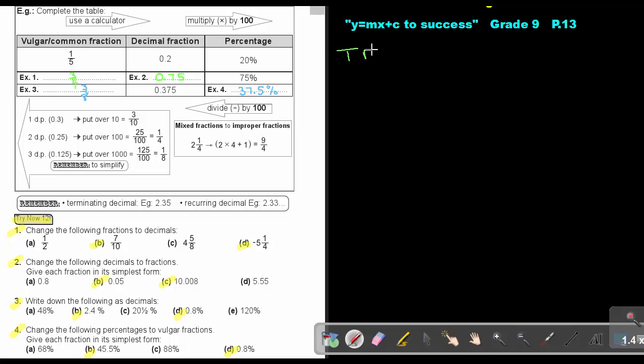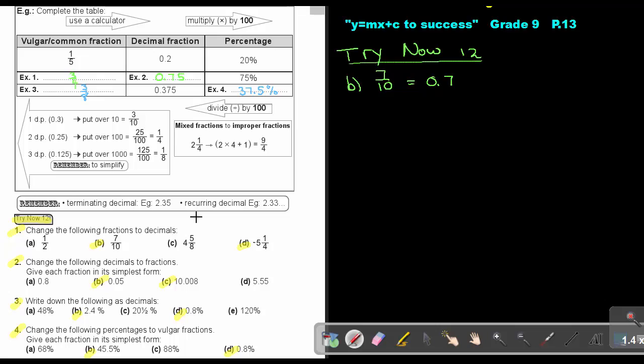Okay, let's start. Try now 12. In this case, it says change the following fractions to decimals. Now remember, I can just use my calculator. So if you start, you just press 7 divide by 10, and that will give you 0.7.